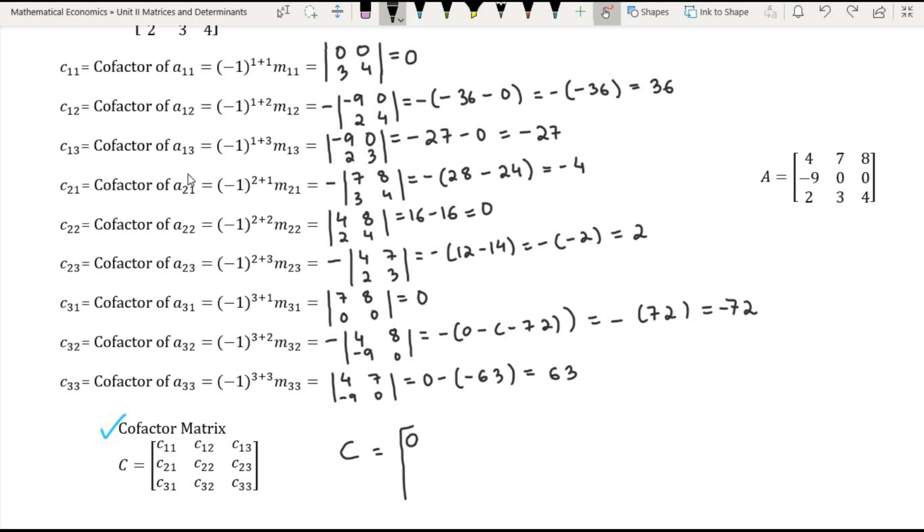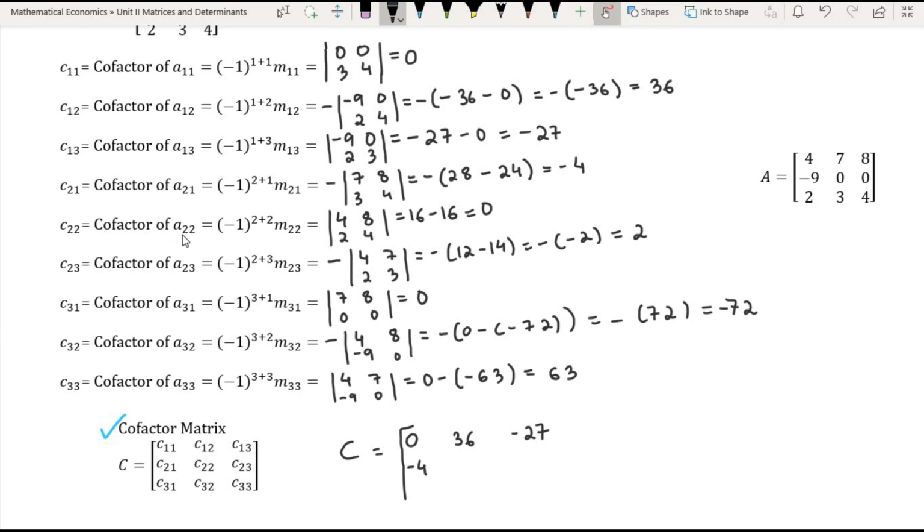C12 is the cofactor of the element A12 and its value is 36. C13 is the cofactor of the element A13 and its value is minus 27. C21 is the cofactor of the element A21 and its value is minus 4.